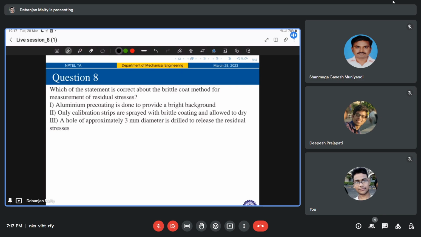There are many methods for measuring this residual stress in metals. Like there can be something called the stress relaxation method, then there can be the X-ray method, and more recently the neutron diffraction method. I don't know if you're aware of this or not.